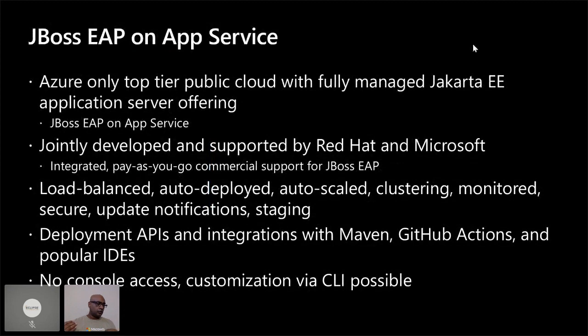So we are working to enable the option for JBoss EAP on App Service where you just get your subscription and apply it here. But today, you don't need to do that. If you just spin up JBoss EAP on App Service, you automatically get a subscription. It's a built-in price, so you can get support right away. You don't have to have your own subscription at this moment.